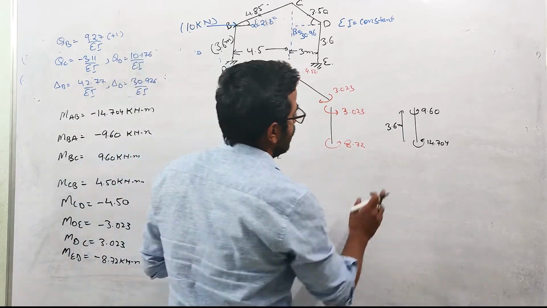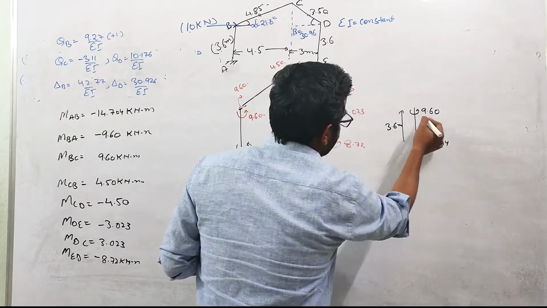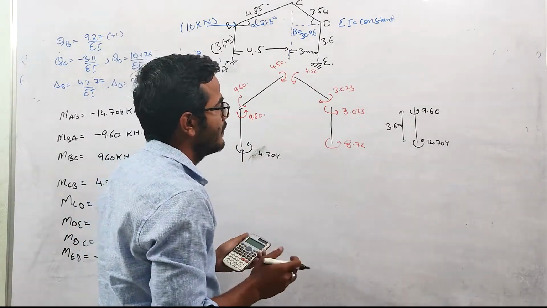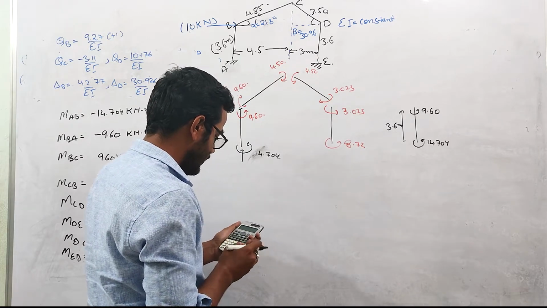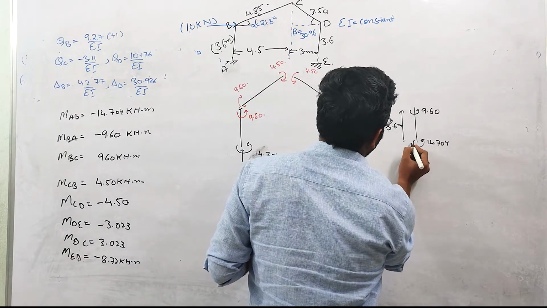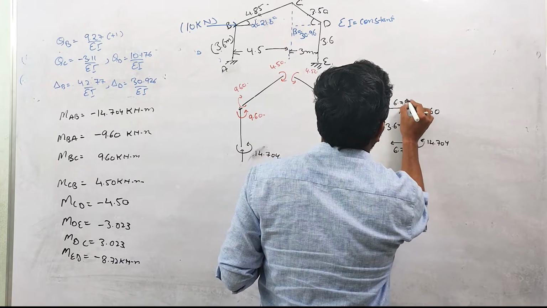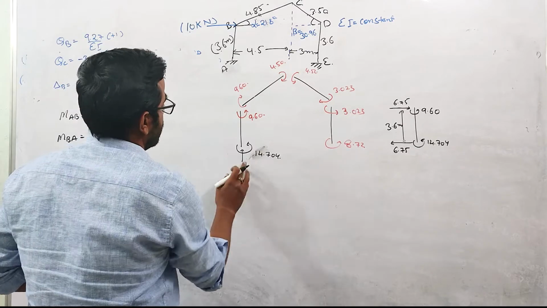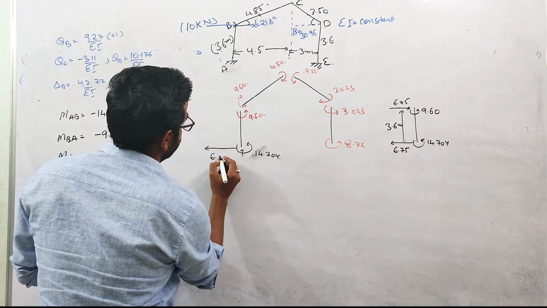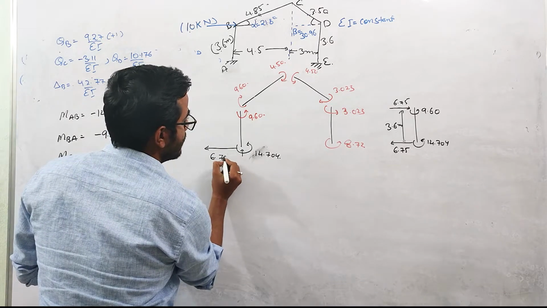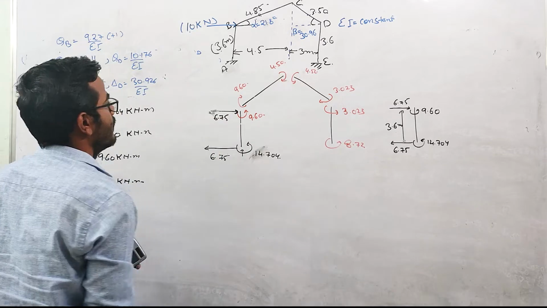To calculate the shear force for this member, there is a net unbalanced moment, which will be anti-clockwise. The value will be 9.60 divided by 3.6, which is 6.75, and here also 6.75 will act in the opposite direction.